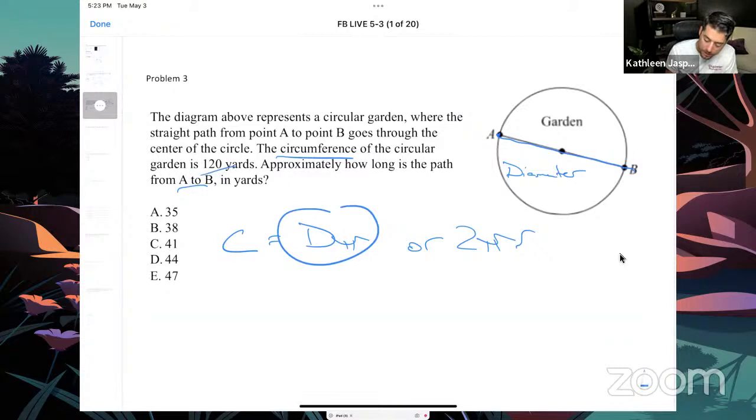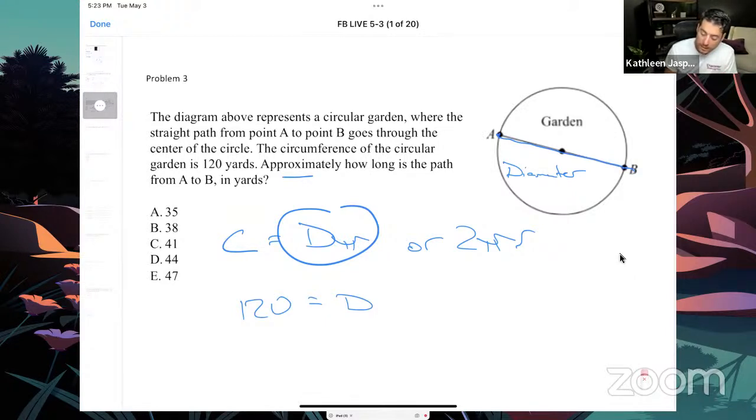They gave me the 120 yards as circumference. So 120 is equal to diameter times pi. It says approximately. Watch out for words like approximately or as close to or estimate, because you don't need an exact answer. It's how I call it in the ballpark.